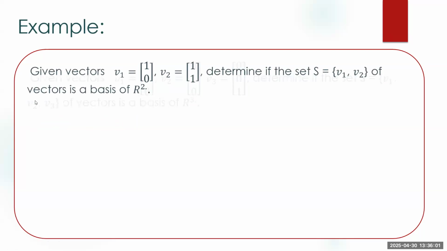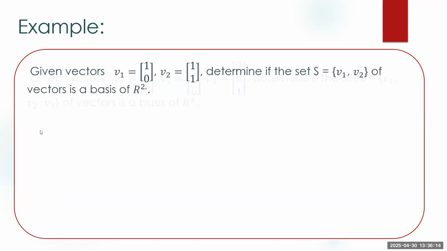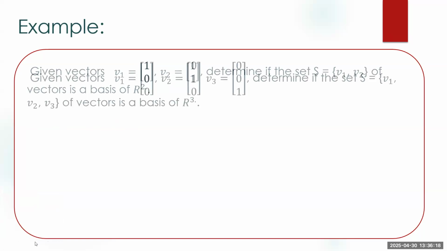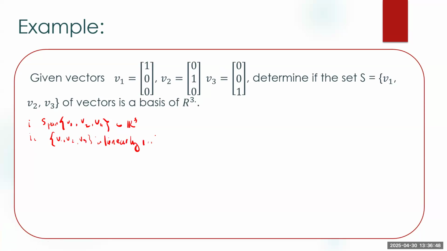Also, we will show that a given set of vectors V1, V2, and V3 is linearly independent.